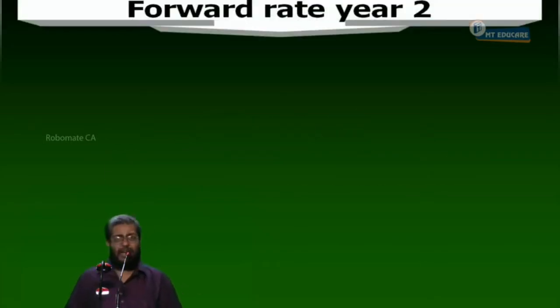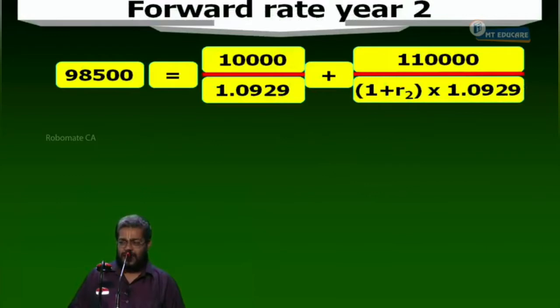Tell me the value of a bond. What is the value of the 2-year bond? 98,500. The cash flows are first year coupon 10,000, and second year coupon plus redemption 1,10,000. This 10,000 is received in the first year, so discount using the first year expectation 9.29%. This 1,10,000 is received in the second year, so discount using the second year rate R2, bring it to the first year, then discount at the first year rate 9.29 to bring it to year 0.